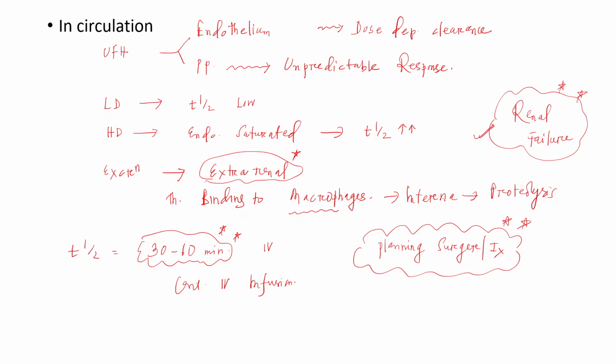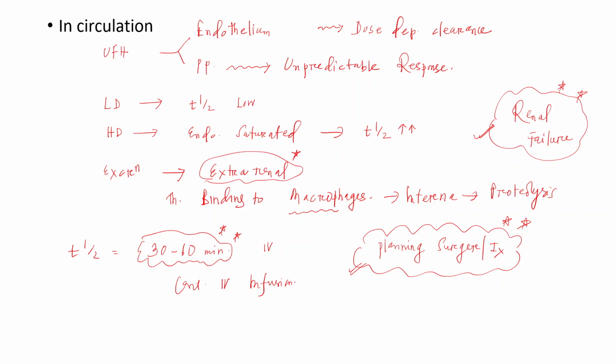In renal failure, we always prefer unfractionated heparin, and in cases where we are planning surgery, for example, a case of cerebral venous thrombosis, and we have to start anticoagulation, but we are expecting that the thrombosis and the related edema or hemorrhage is so much that the patient may need a decompression craniectomy. In those cases, we start with unfractionated heparin, because at any point of time, if you want to go for surgery, you can just stop the unfractionated heparin, and after 4 to 6 hours, you can go for surgery.